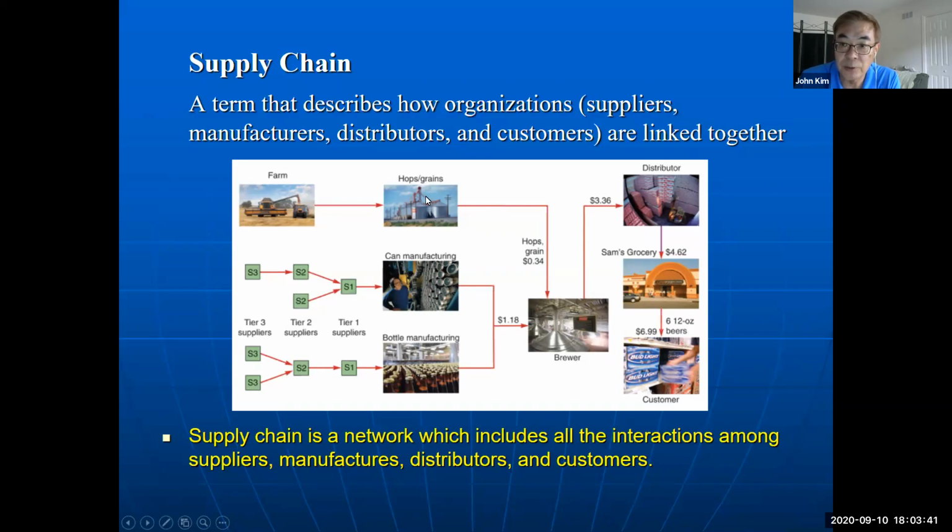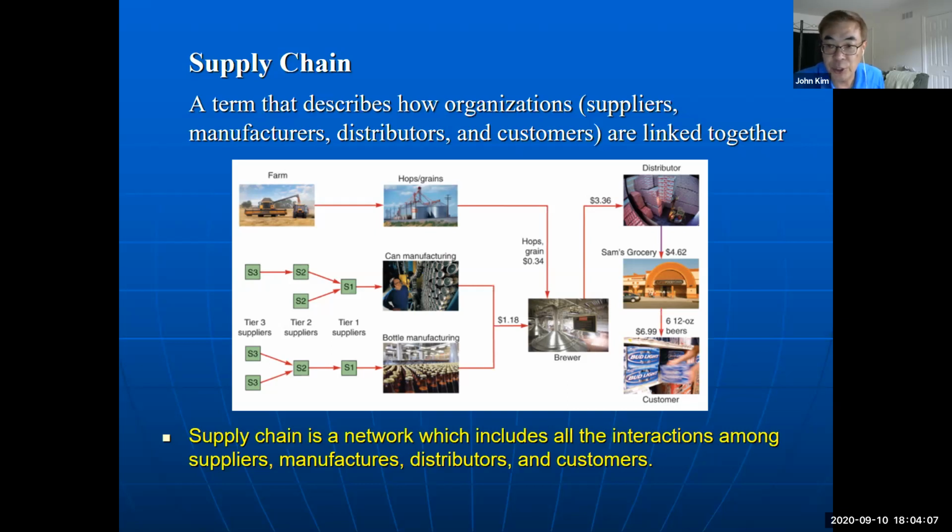So hops, grains, can manufacturing company and bottling company, and send it to brewers, and then from there to warehouse, distributor, and then wholesale and retail sale, customer, and so on. So this is the supply chain.